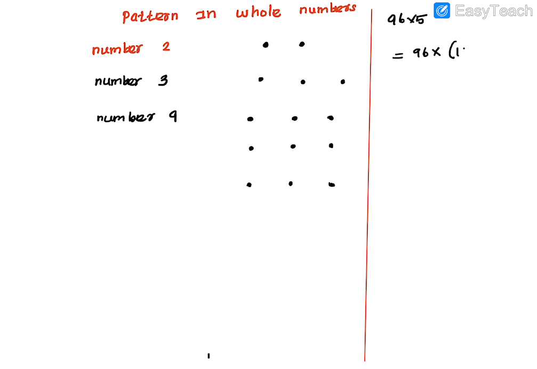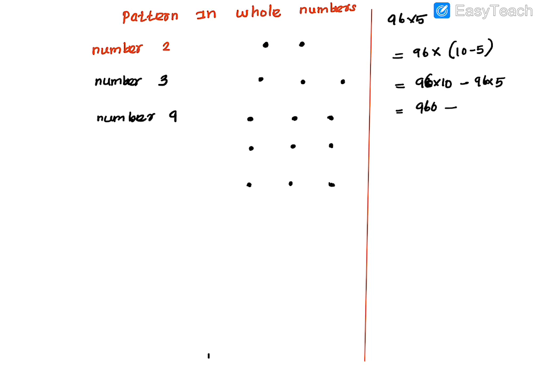So 5 means 10 minus 5 we can write. That means 96 into 10 minus 5 means 96 into 10 minus 96 into 5. 96 into 10 means 960, minus 96 into 5.